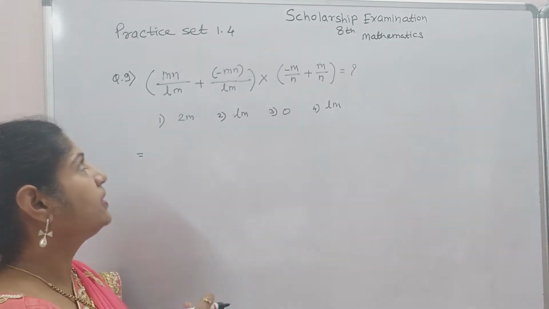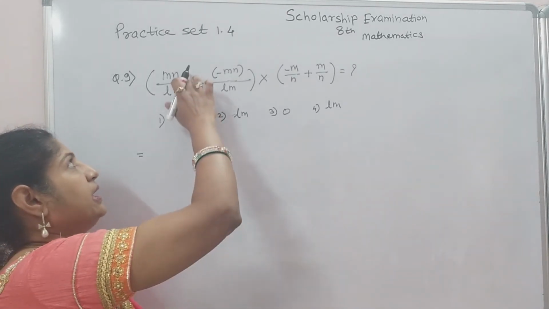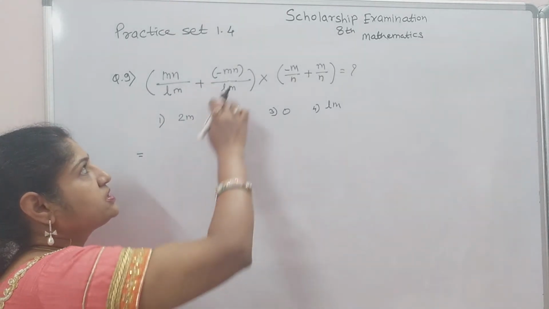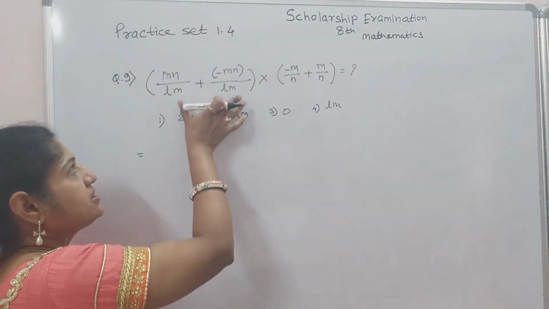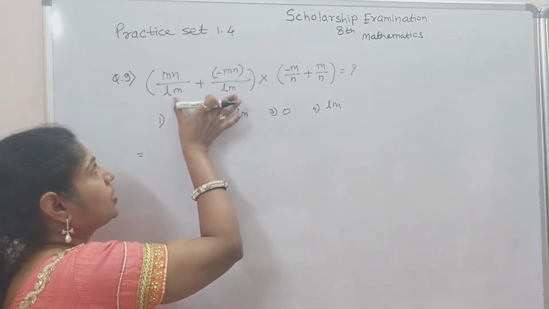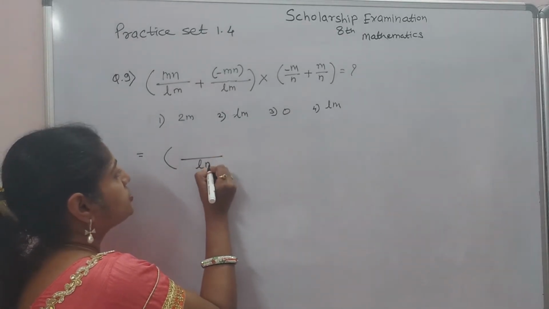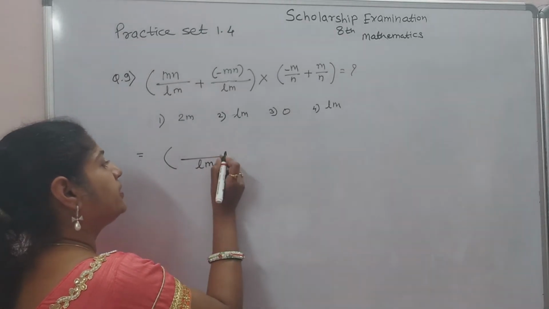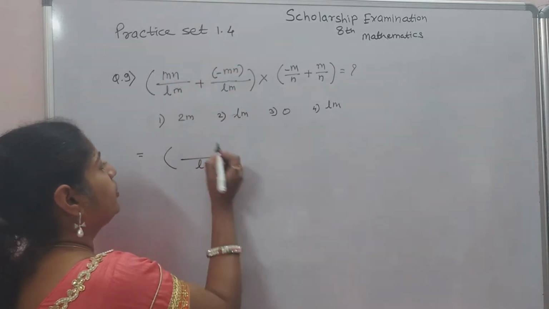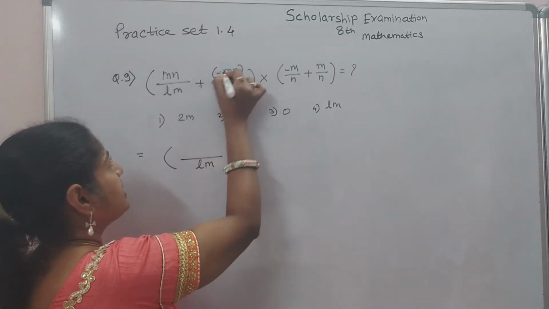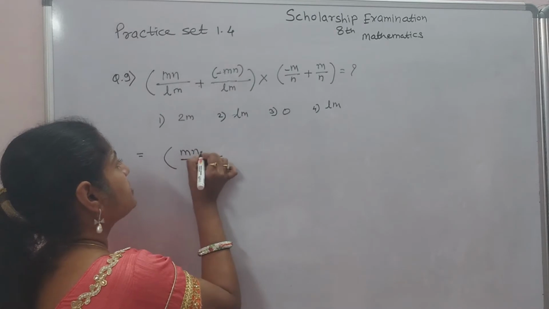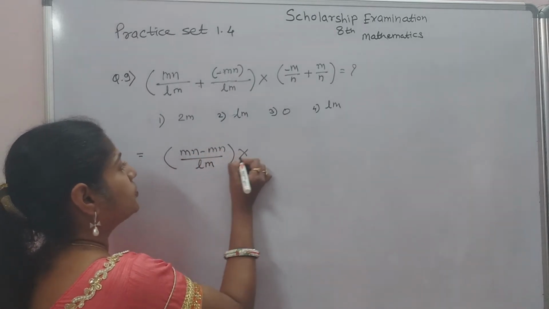Now next example. In bracket mn upon lm plus minus mn upon ln, first solve this bracket. The denominator is equal, so write the denominator lm, and in the numerator there is plus minus, that is minus mn minus mn into.